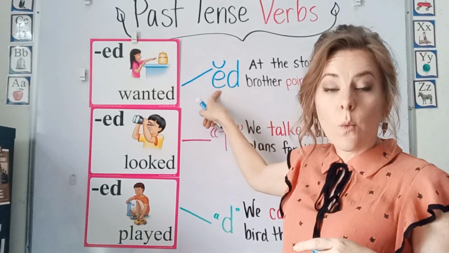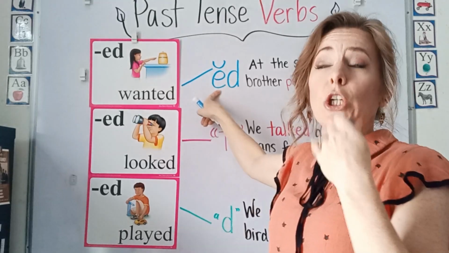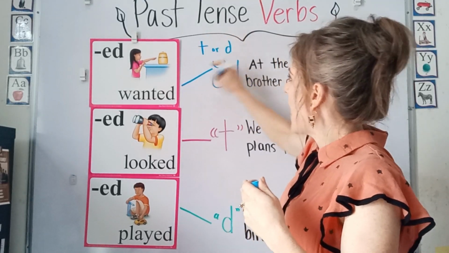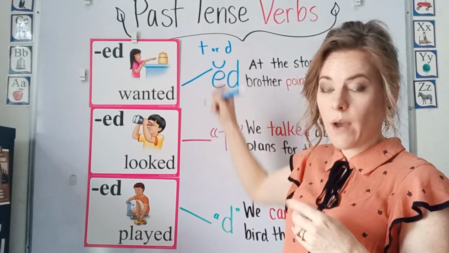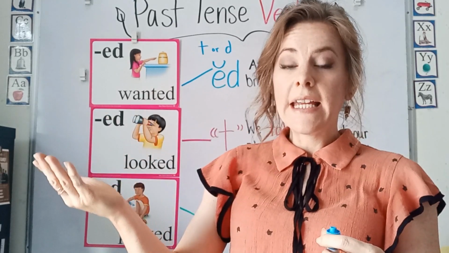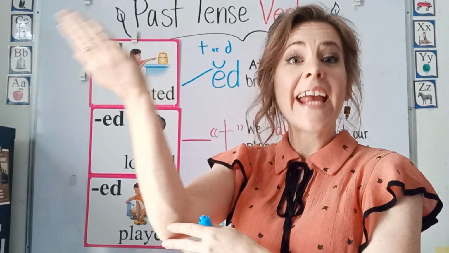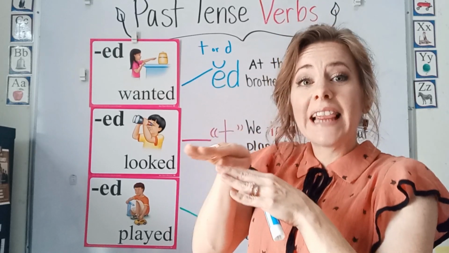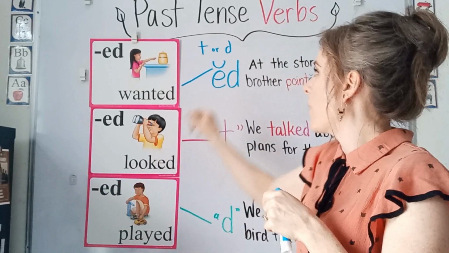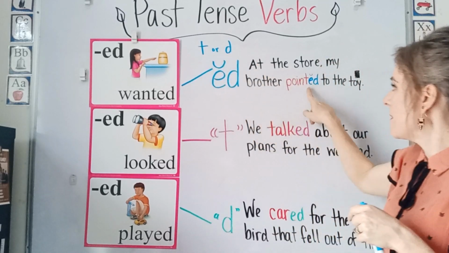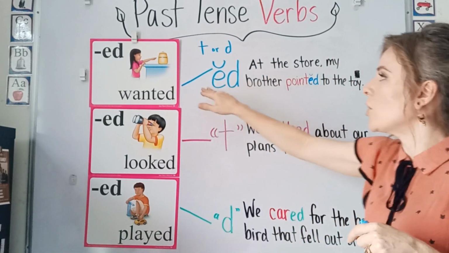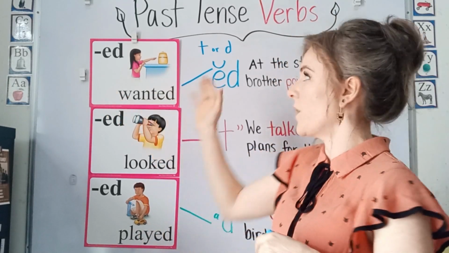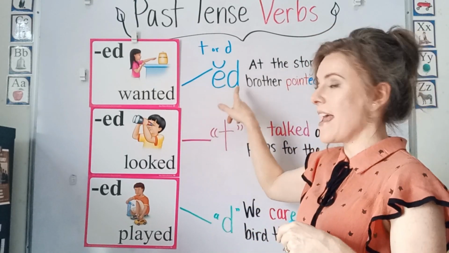Now a little trick with this special sound is this one usually comes at the end of a word with a t or a d, okay? So if your word has a d at the end, like hand, I handed my teacher the papers, or land, the plane landed smoothly. Okay, so if it ends with a T or a D, then it usually makes the ed sound. Hand ends with a D, handed.